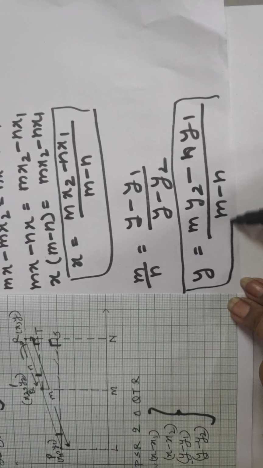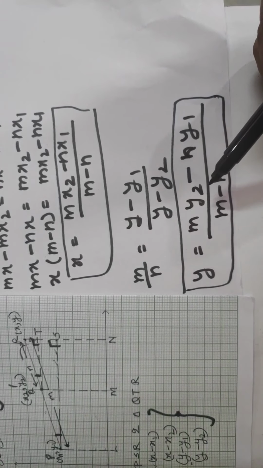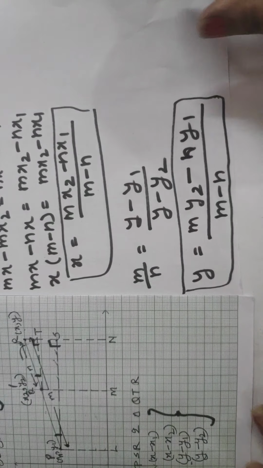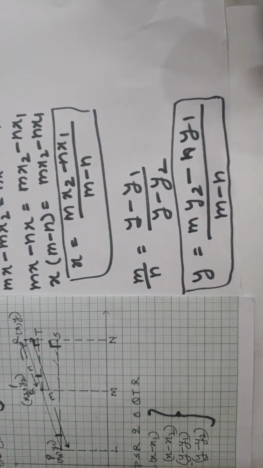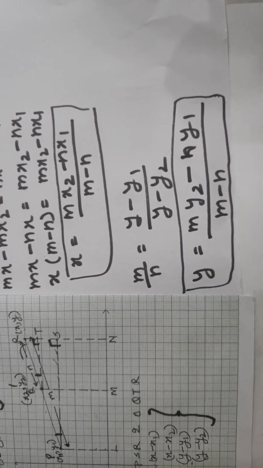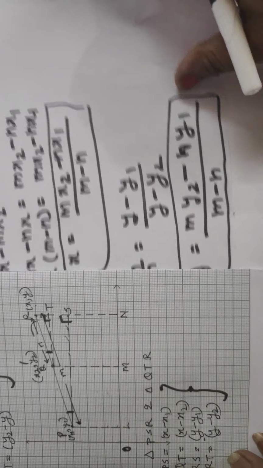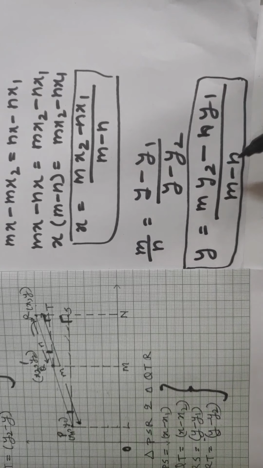So what we can see is the major difference: when it divides internally, the sign is positive in both cases, for the x as well as for the y. But when the ratio is given for the complete line segment to one part, that is, when the point is given externally, this becomes negative. Yes, so here the sign will come negative.